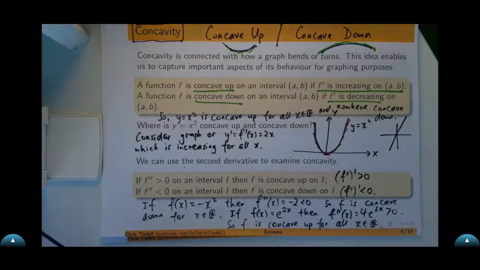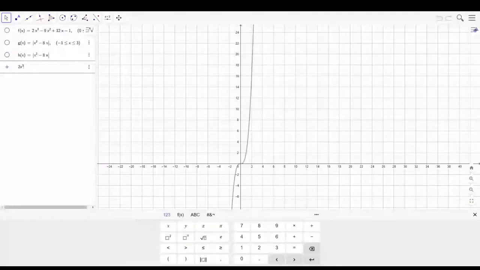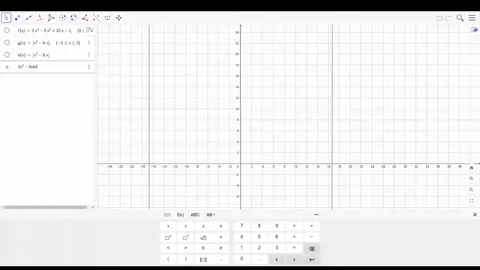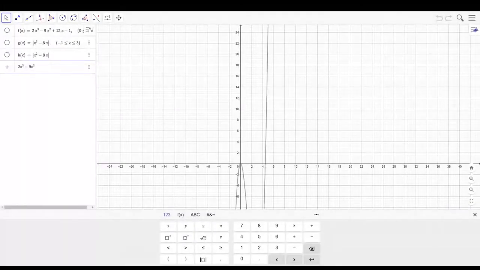Okay, so if I switch over to GeoGebra now, I'll show you something here, right? So let's go with 2x cubed minus 9x squared. Okay.